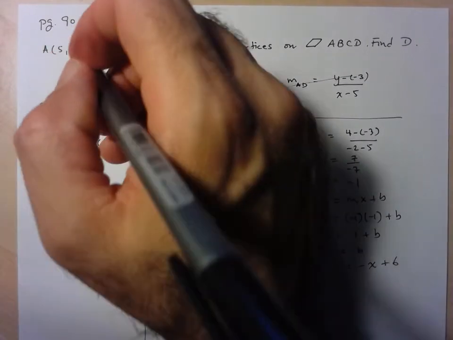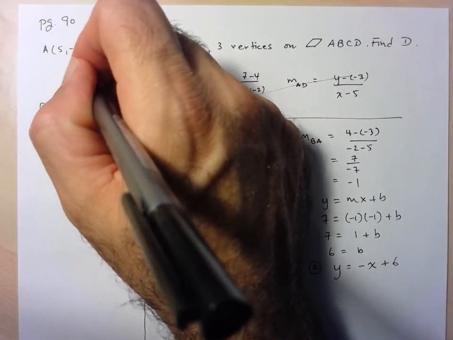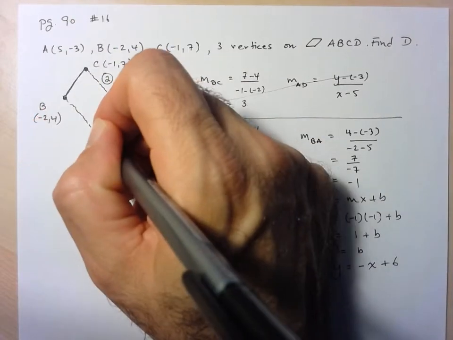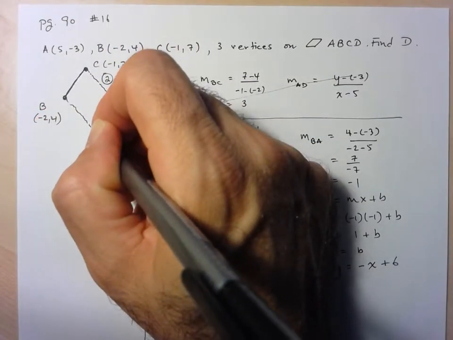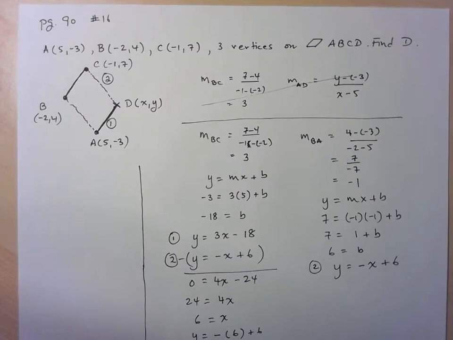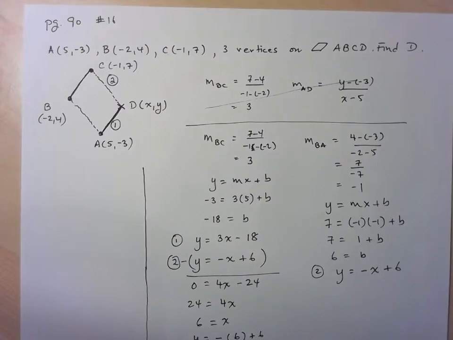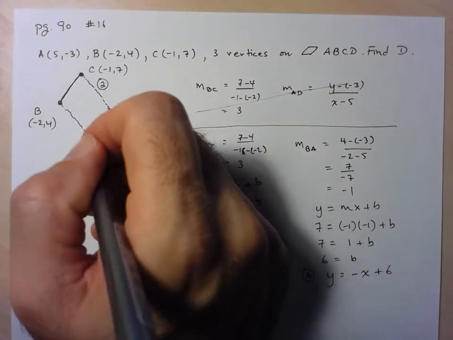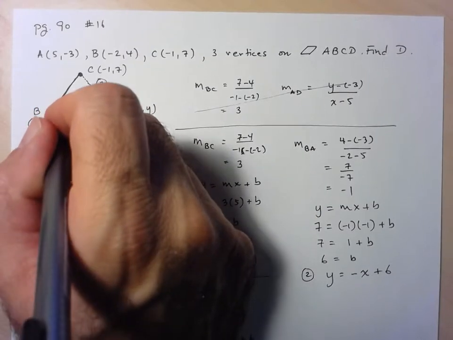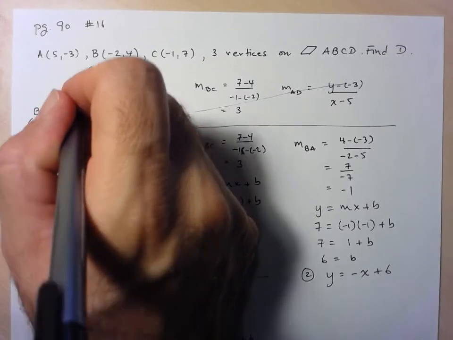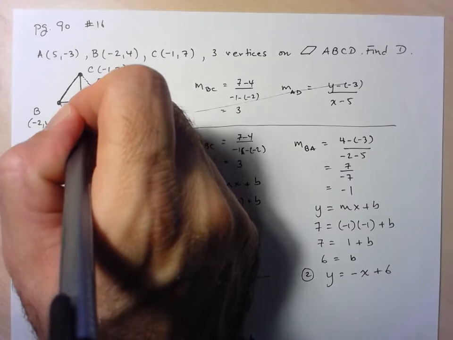I want to focus again on these two lines and the fact that they have to be parallel and the exact same length. What I'm going to do is use the idea that the slopes are going to be the same. That means the rise and the run. Here, I'm going to draw the rise and the run.